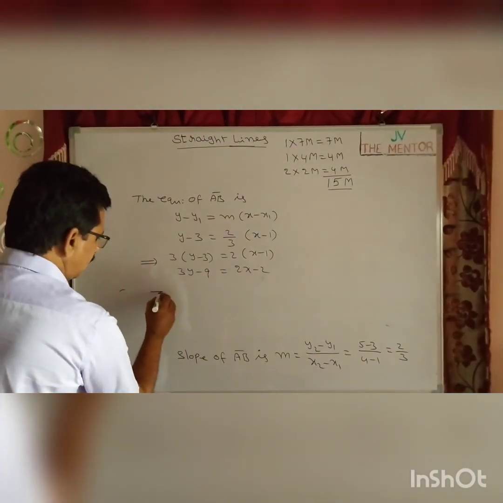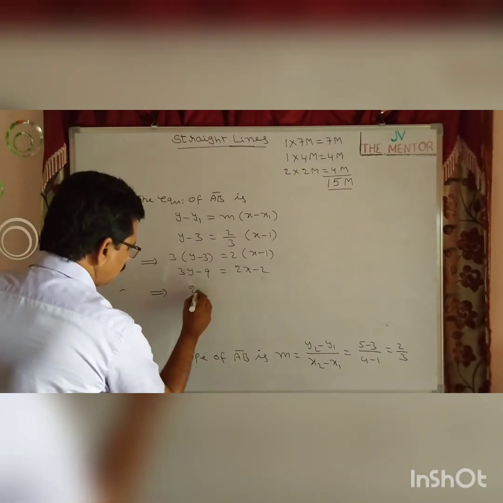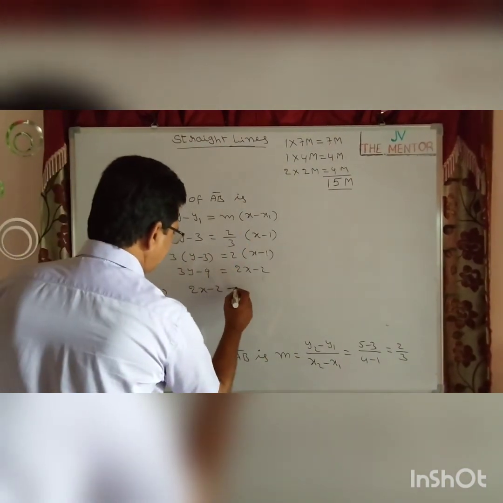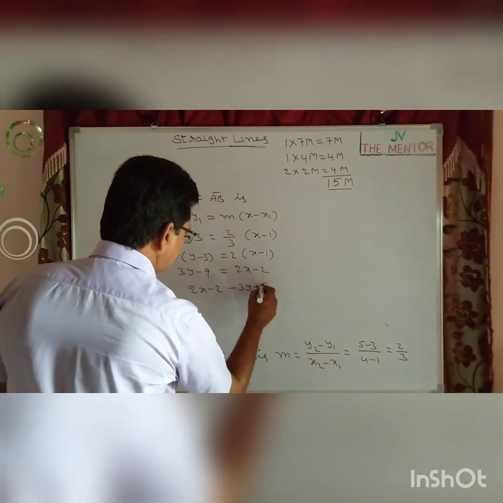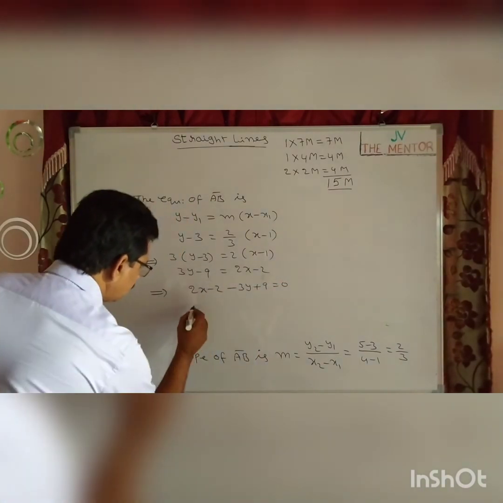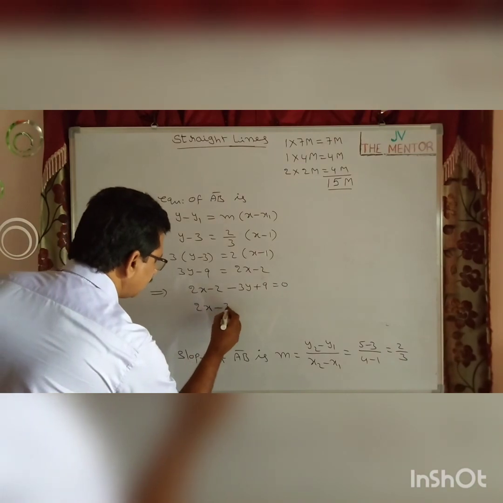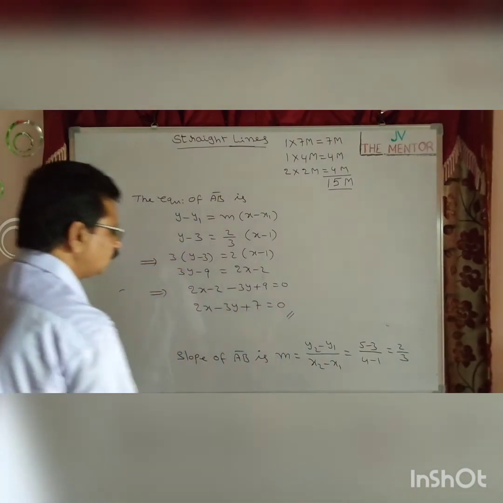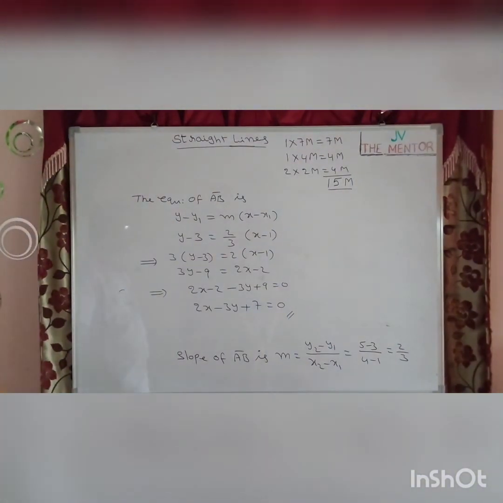So this implies, taking to the other side, 2x minus 2 minus 3y plus 9 equal to 0. So 2x minus 3y plus 7 equal to 0. This is the equation of the straight line AB. Okay na?